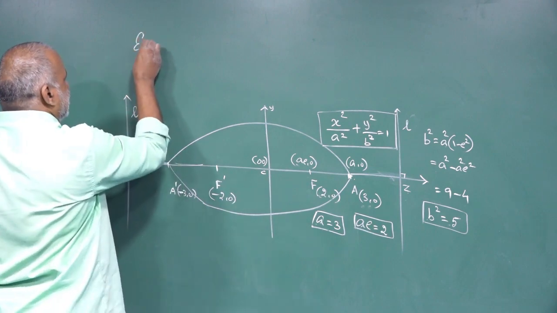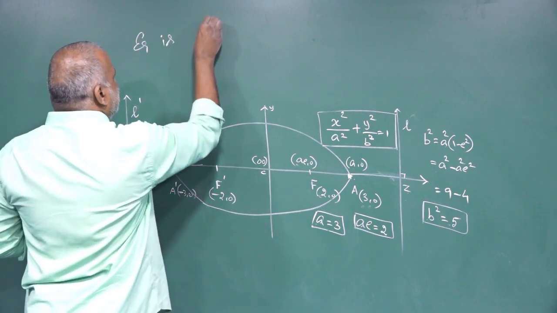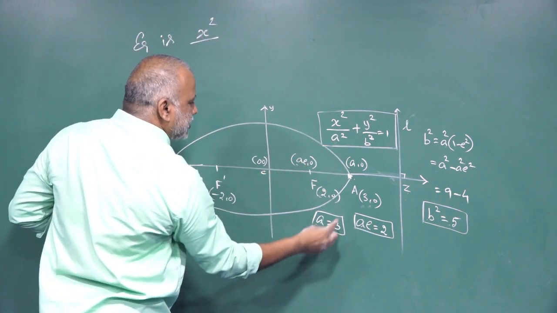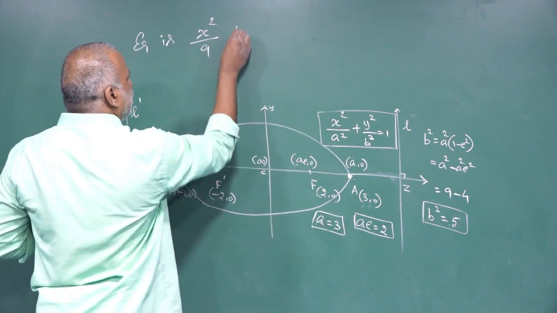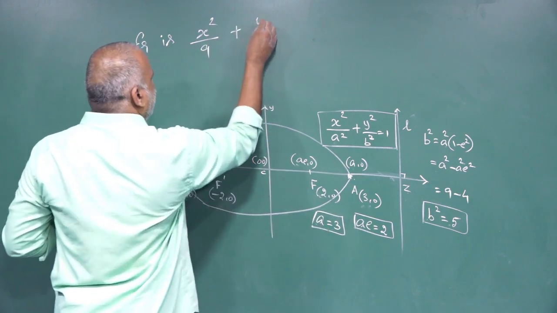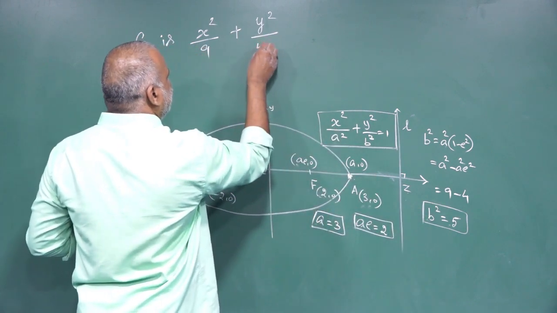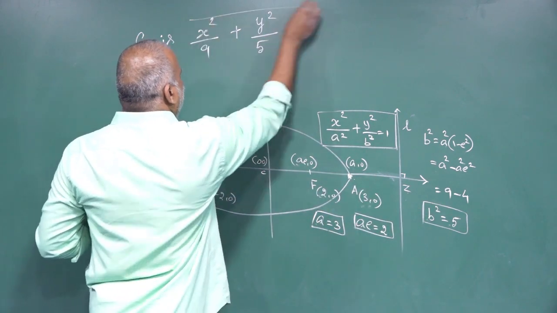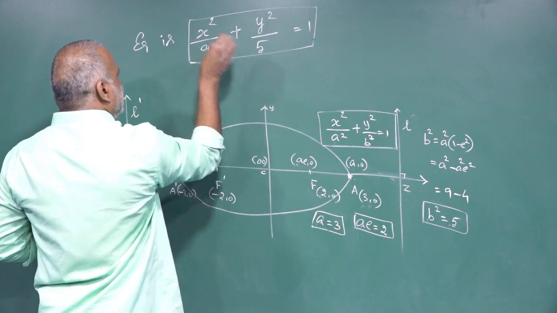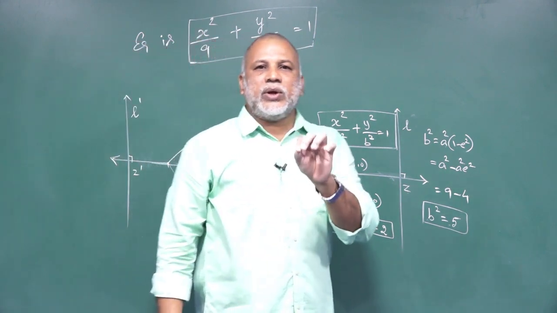Instead of a squared, substitute 3 squared, that means 9. Then y squared divided by b squared, b squared is 5, equal to 1. This is the equation of the required ellipse.